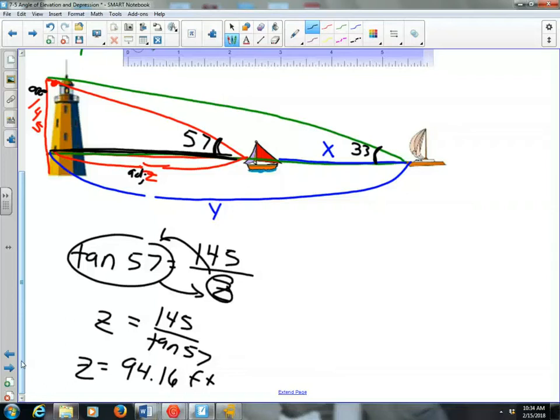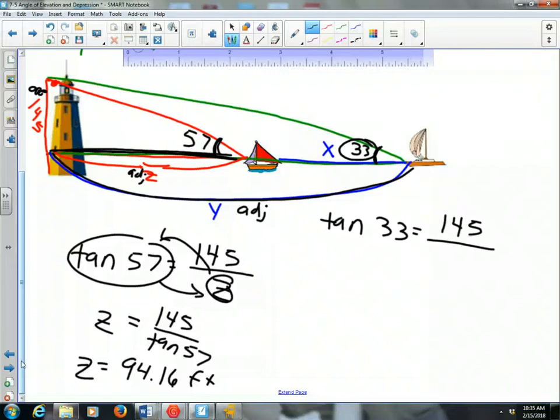The second boat, this is the distance y. That's also the adjacent side, where 145 is the opposite side of this angle of 33 degrees. So the tangent of 33 equals opposite 145 over adjacent, which is y. So again, I'm going to change around my extremes.